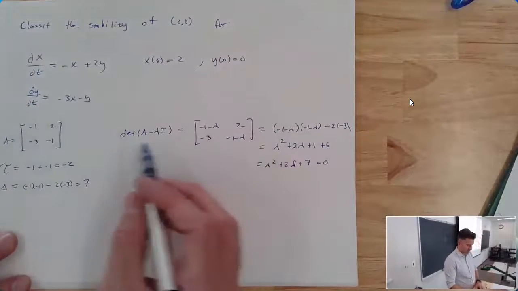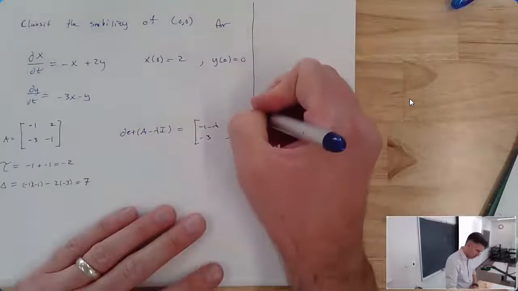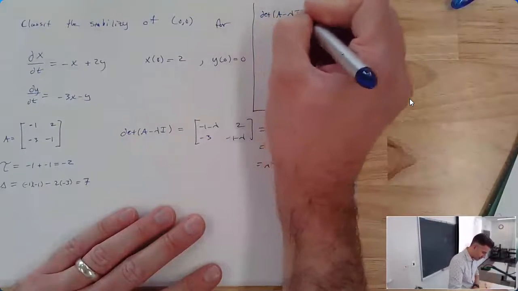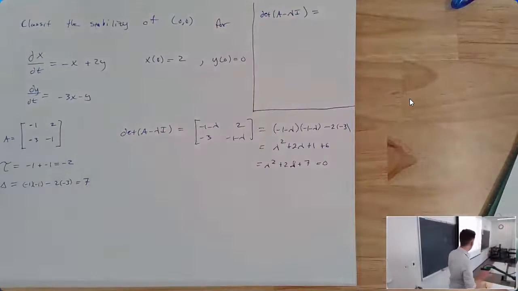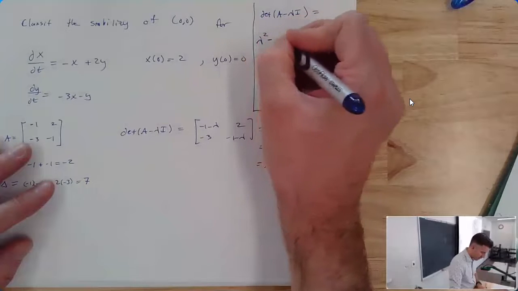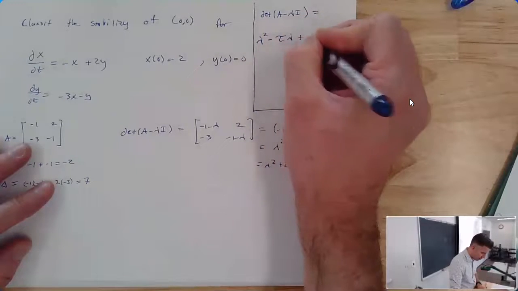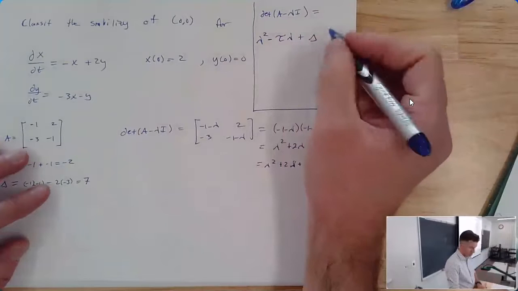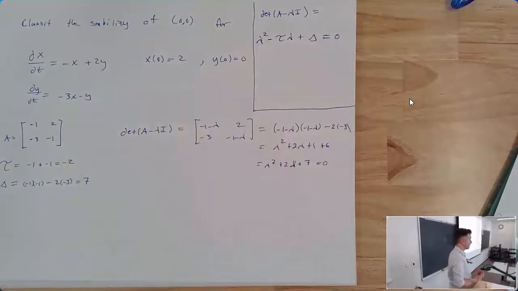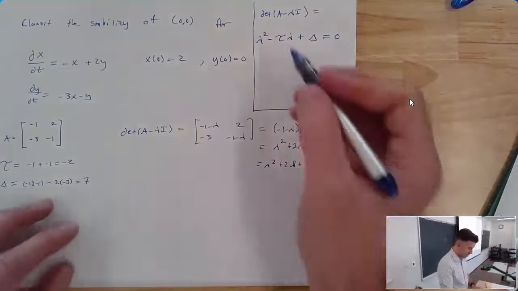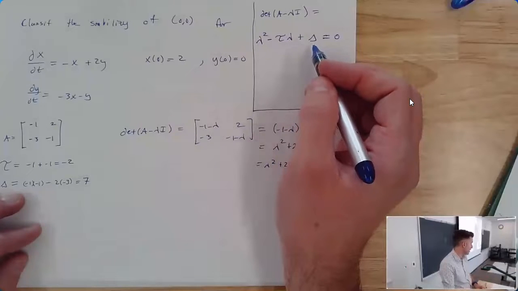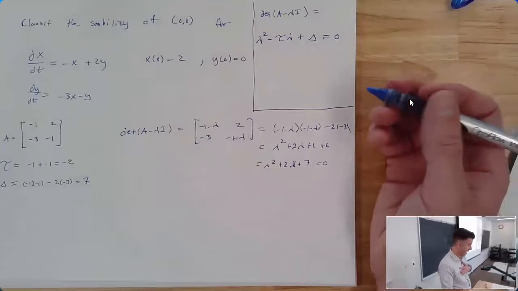When you're finding the determinant of A minus lambda I for a 2x2 matrix, it's always going to equal lambda squared minus the trace times lambda plus the determinant. If we set that equal to 0, we can throw those into the quadratic formula. Your negative trace is your B, your determinant is your C, and 1 is your A.